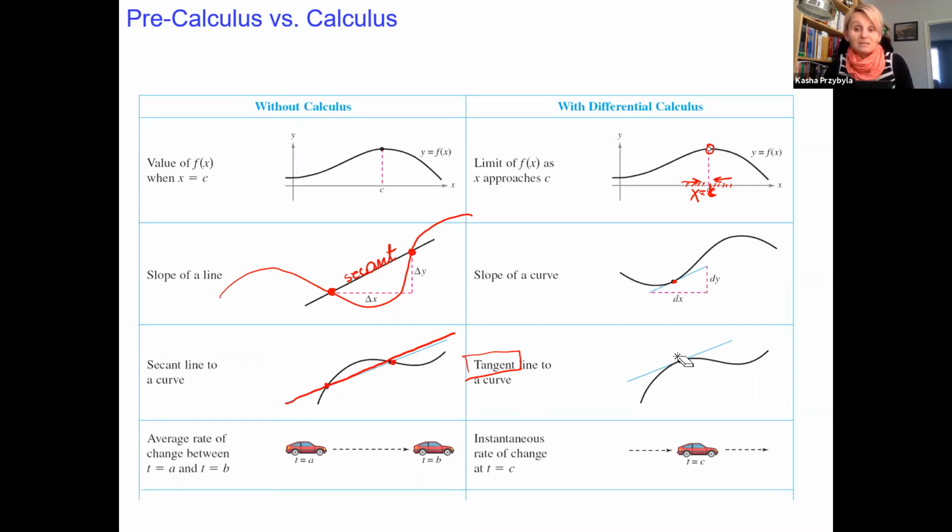It's the line that touches 1 point. It's touching the curve. Yes, we can say it this way, that we have only 1 point. Okay, 1 point of intersection, but I can't really say it this way.